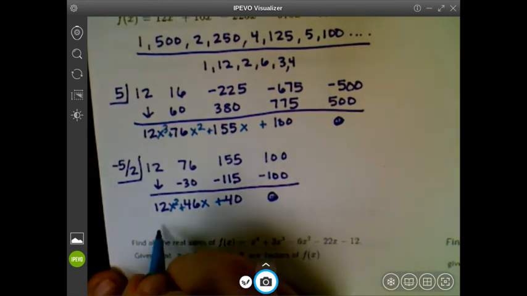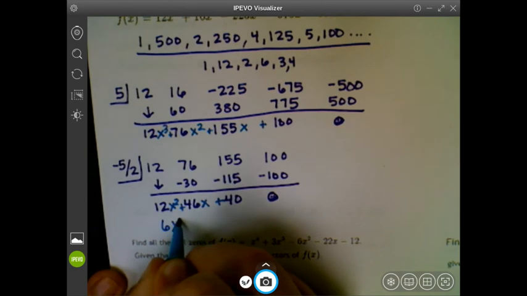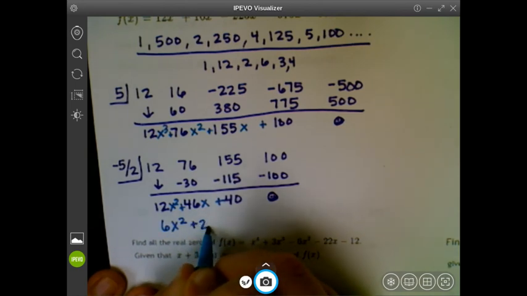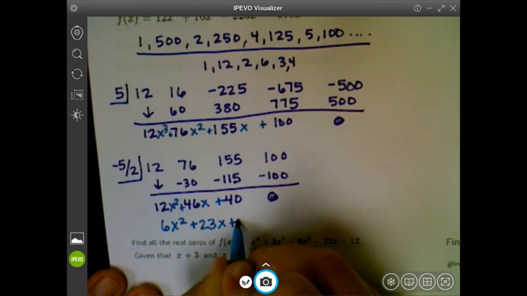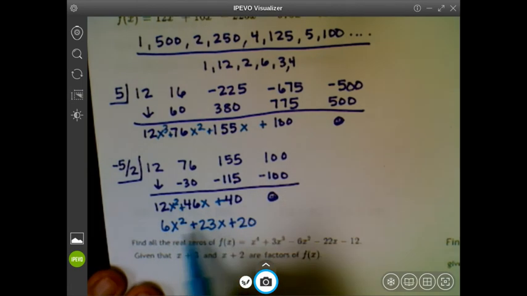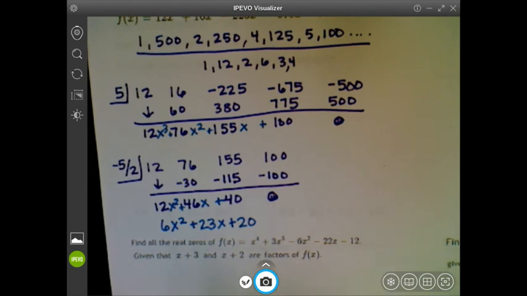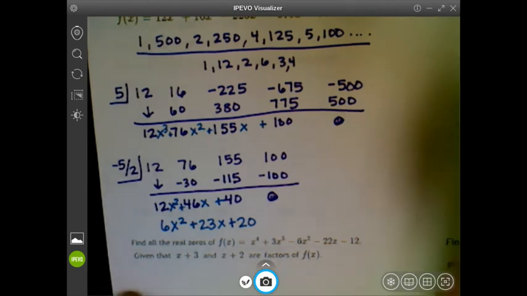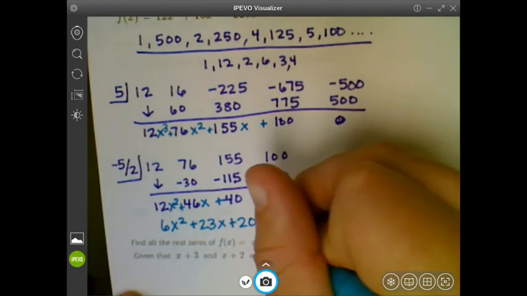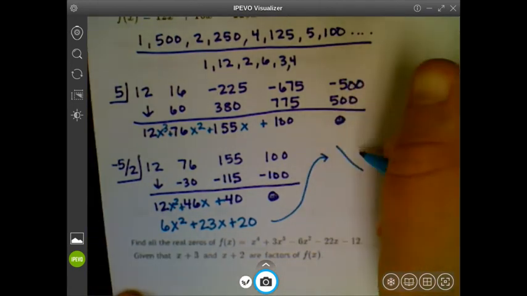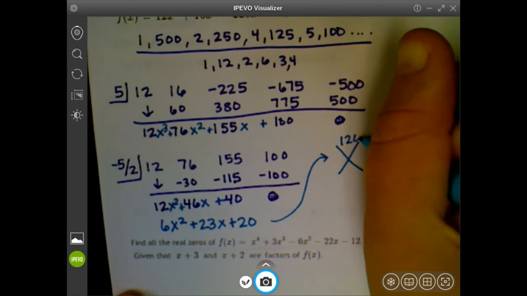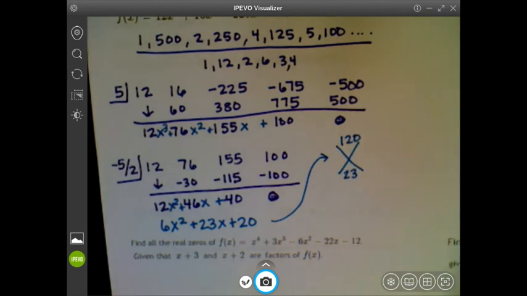So you can actually simplify this, make it a 6x squared plus 23x plus 20. And then you can either quadratic formula that, or you can try to factor this as well. So I'm going to go ahead and try to factor it. I think it factors. Multiplies to be 120, adds up to be 23.